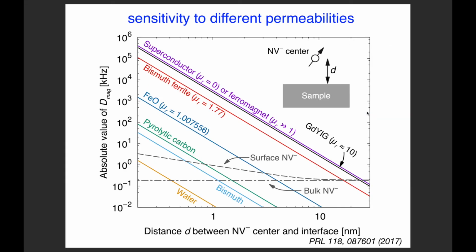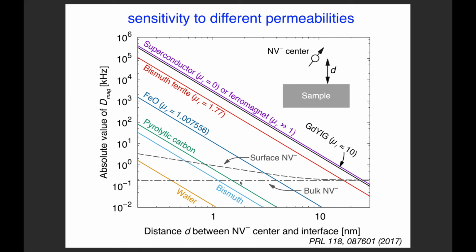Now, we can look at the size of that effect as a function of NV distance from the sample. That's what's shown here. The x-axis here is the distance between the NV center and the interface in nanometers. The y-axis is the change in the zero field spin splitting in kilohertz. And as a reminder, in the bulk of material, about 100 hertz is the detection limit.